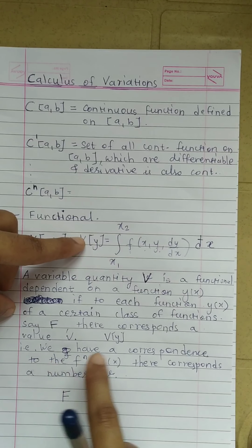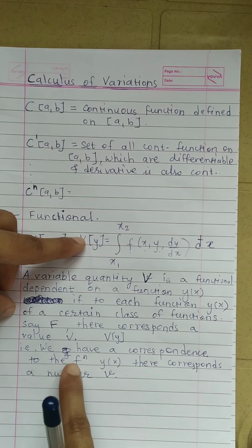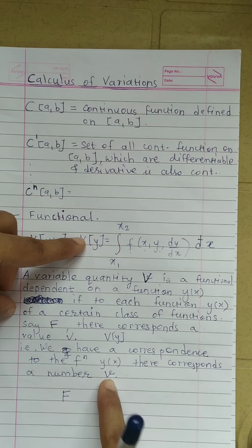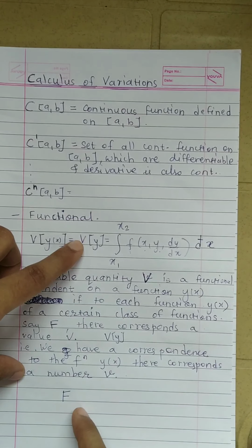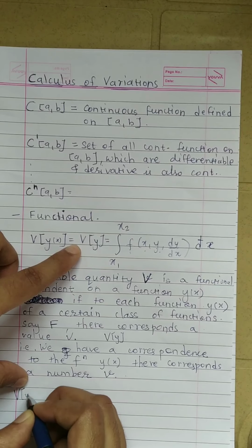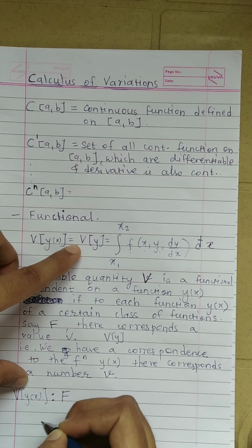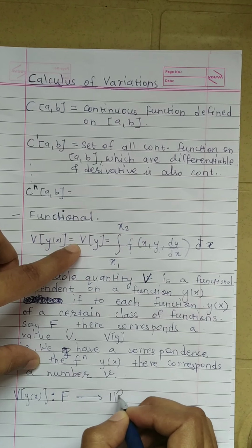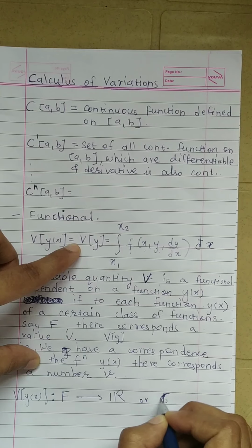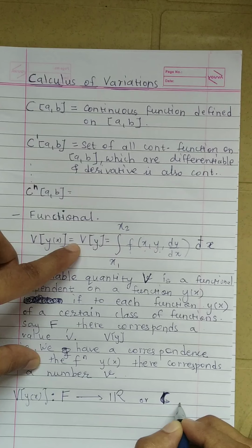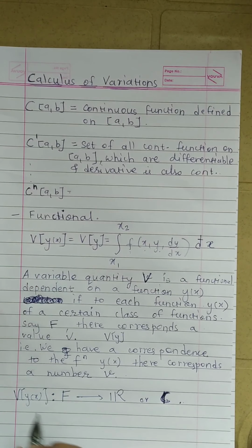That is, we have a correspondence: to the function y of x there corresponds a number v, which is given by this. And if this happens, then we can say that this v of y of x is a functional. The numbers may be real or complex also, but we will be looking at only the real ones, R. So such a thing is called a functional.